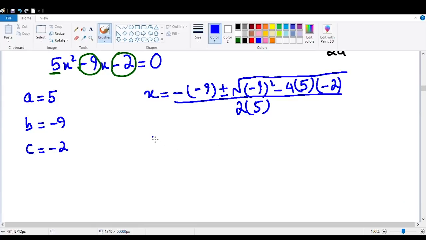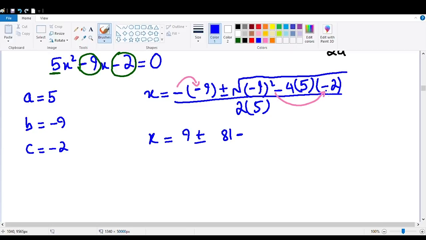So we'll get x equals, when minus multiplies with minus, we'll get plus, so plus 9, plus minus, 9 squared is 81, minus from this. And then when this minus multiplies, I wrote this like this because I know that I can just turn it into a plus, but let's multiply first.